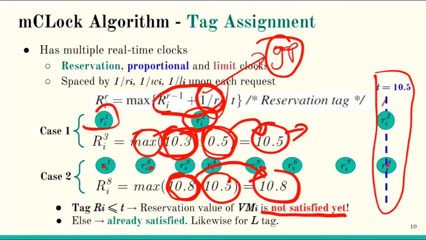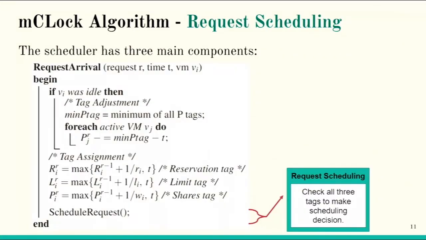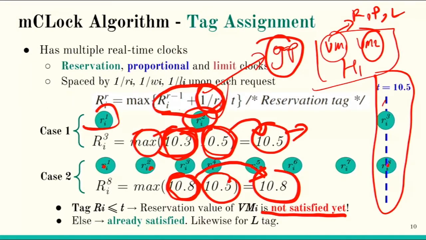For example, if we have VM1 and VM2 on host 1, each with a reservation, proportional share, and limit, the minimum requirement of VM1 is not satisfied yet if the output of the R tag is the current time.